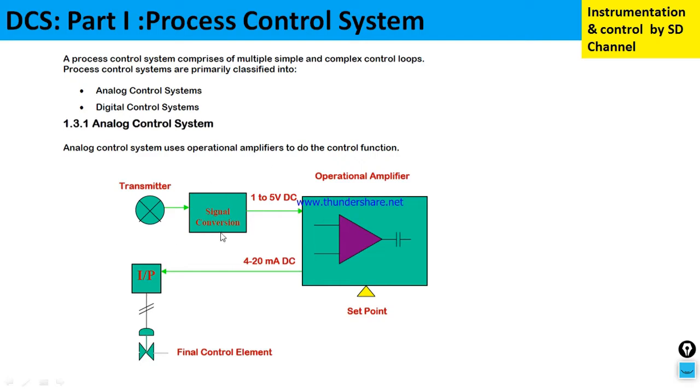Just remember this: the transmitter will give the 4 to 20 milliamps. We have to convert that 4 to 20 milliamps to 1 to 5 volt DC. So one signal conditioning card is required. Nowadays, it can be an integrated part of the analog card of the DCS also. So this way, the DCS works for the analog control system.